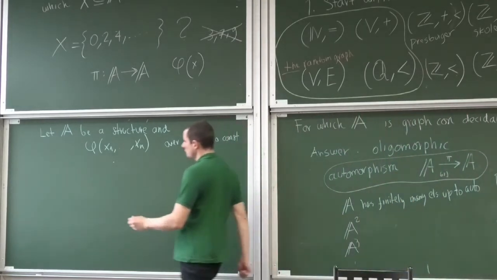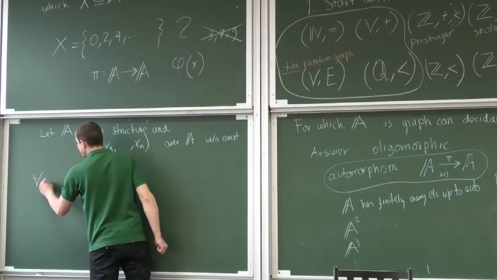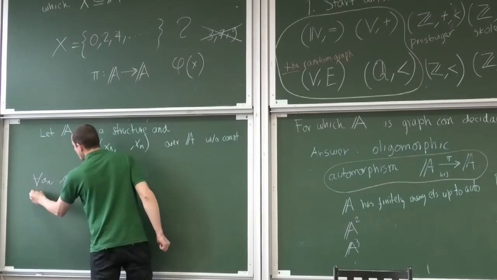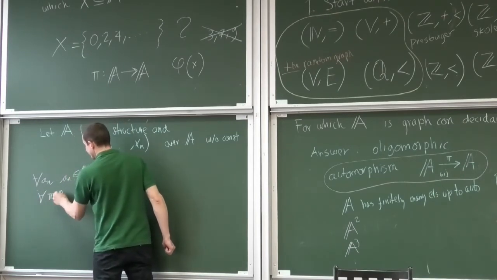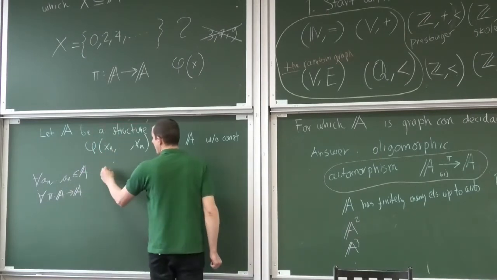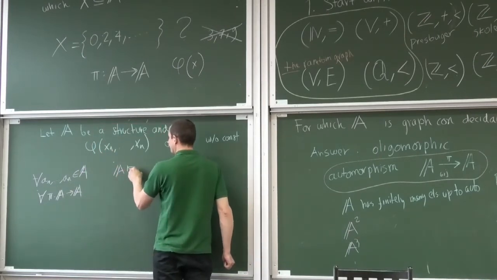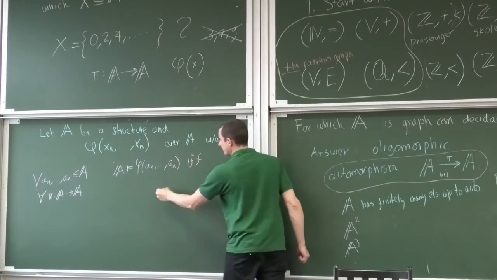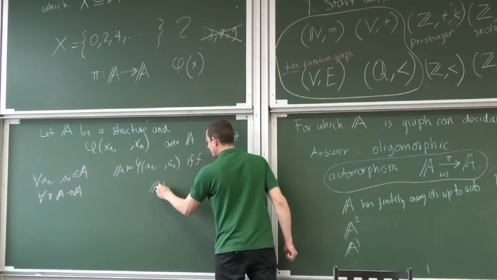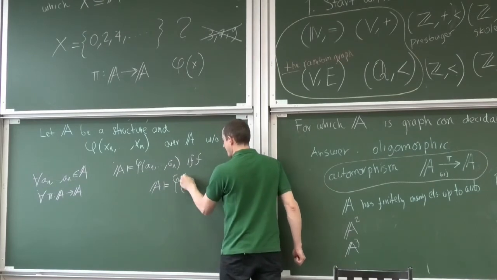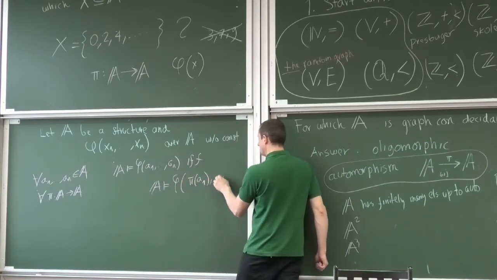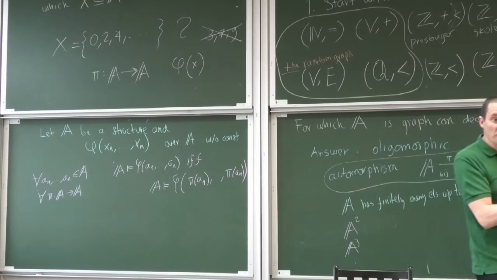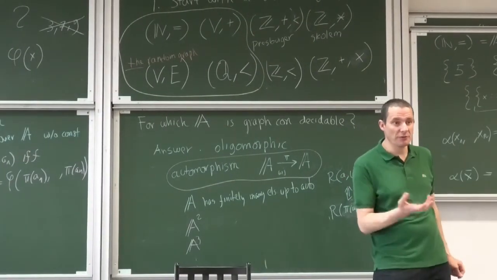Then, for every element of the structure, and for every automorphism, apply an automorphism to something, this will not change the validity of first order logic.